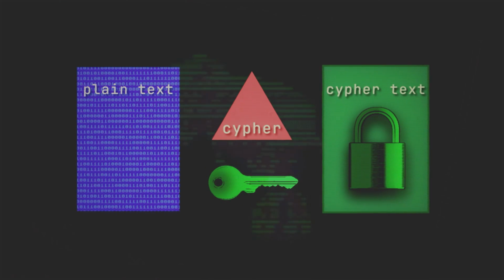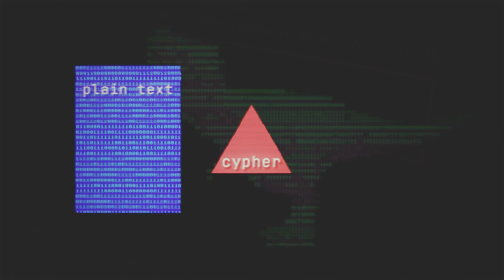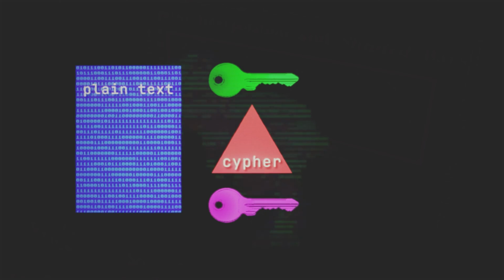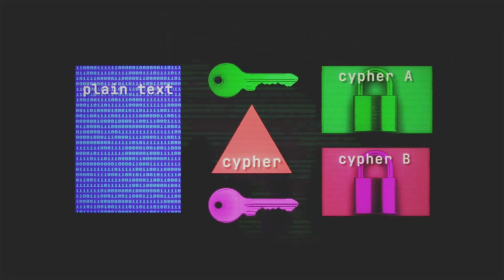And so the ciphertext is a product of both the cipher and the key. Meaning, if we have the exact same plaintext and we use the exact same formula, but we use two different keys, well then we would get two different ciphertexts. And so it is the key that ensures the end product is unique.